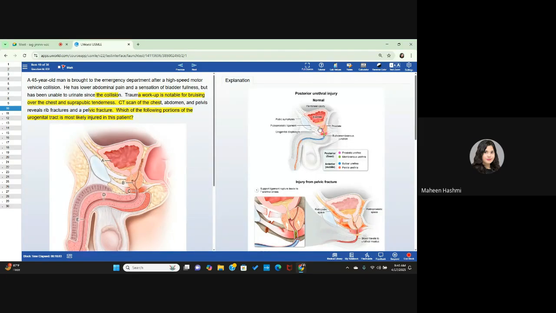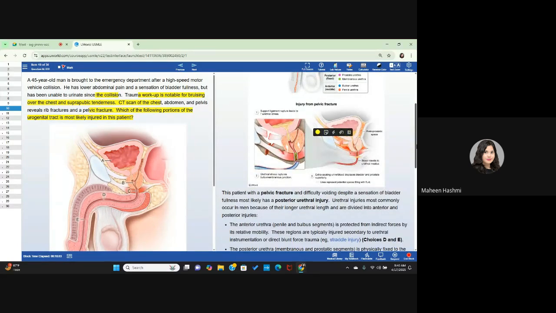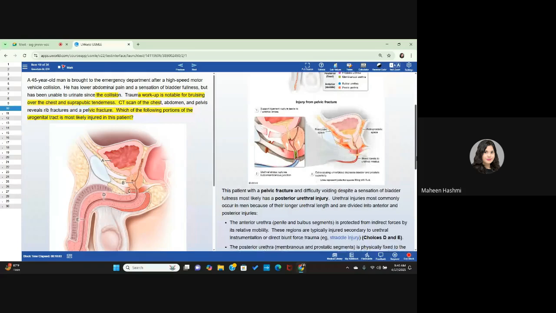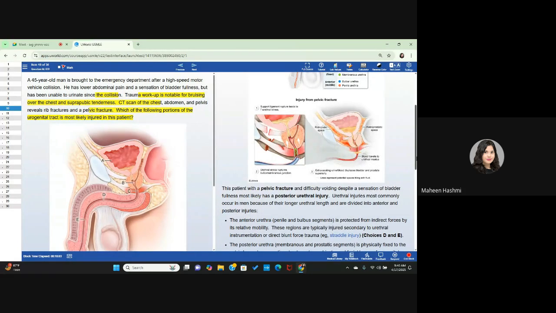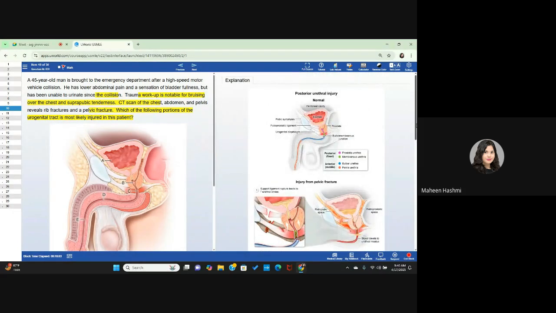Again, we know that this is the posterior urethra. In injury of the pelvic bone, you can have posterior urethral injury as well, and that is why you do retrograde cystourethrography and check if there is any urethral injury.